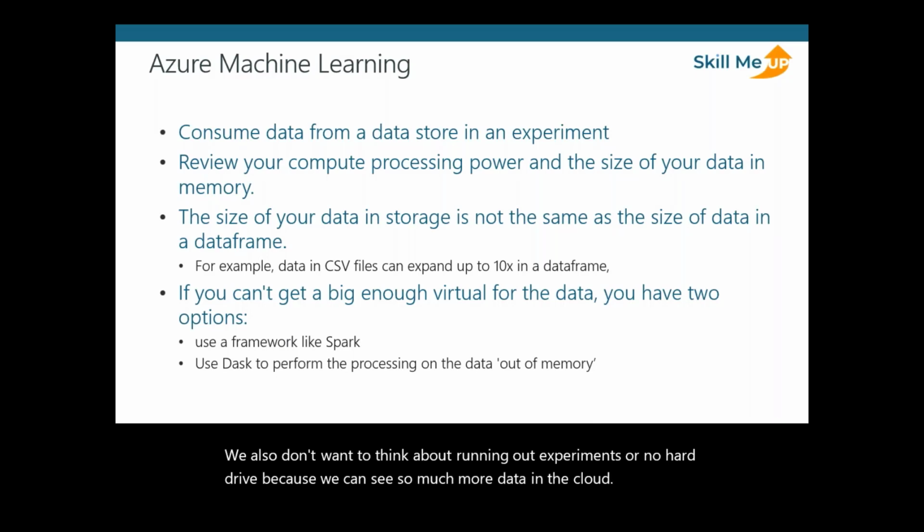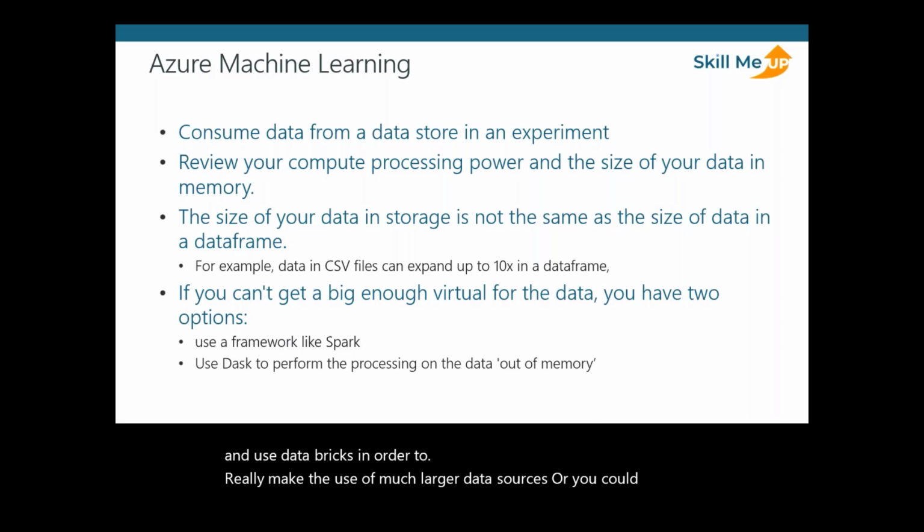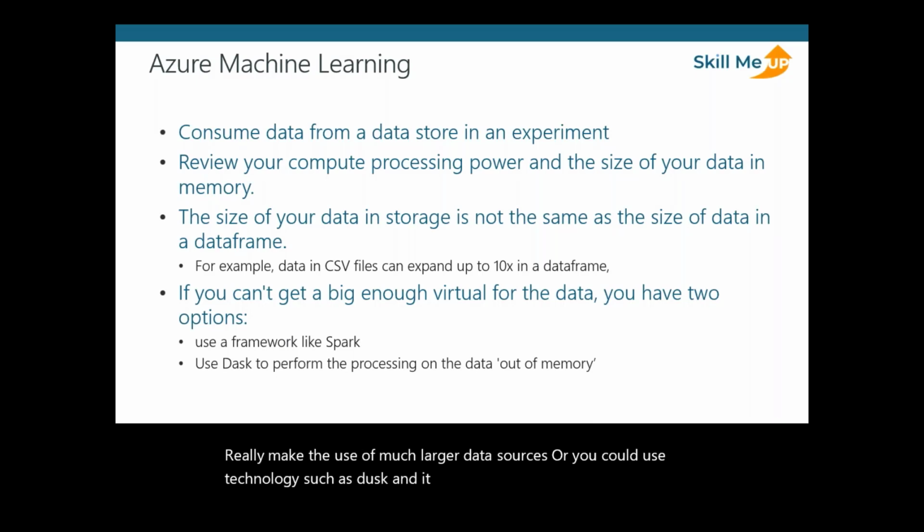So if our data is starting to become too big for virtual disks, for example, we could use a different framework such as Apache Spark and use Databricks to make use of much larger data sources, or you could use technology such as Dask, which will help you to process the data out of memory. It will swap the data in and out again, and that will help you to make the most of processing the data.